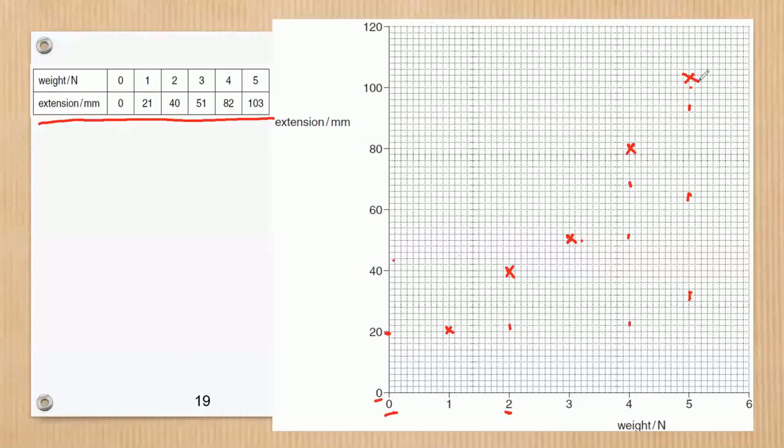Now we are going to see what is asked in the question. If I plot the straight line graph from the origin till that point, it's passing through 1, 2, 3, and 4 points.